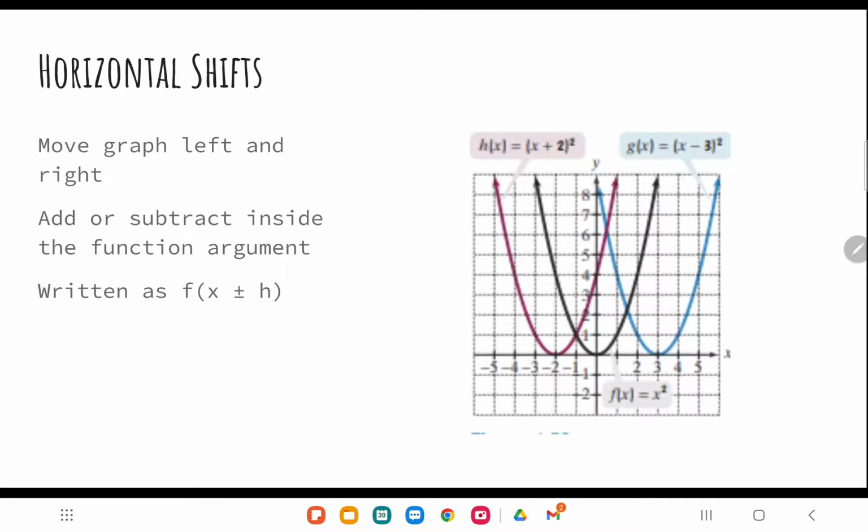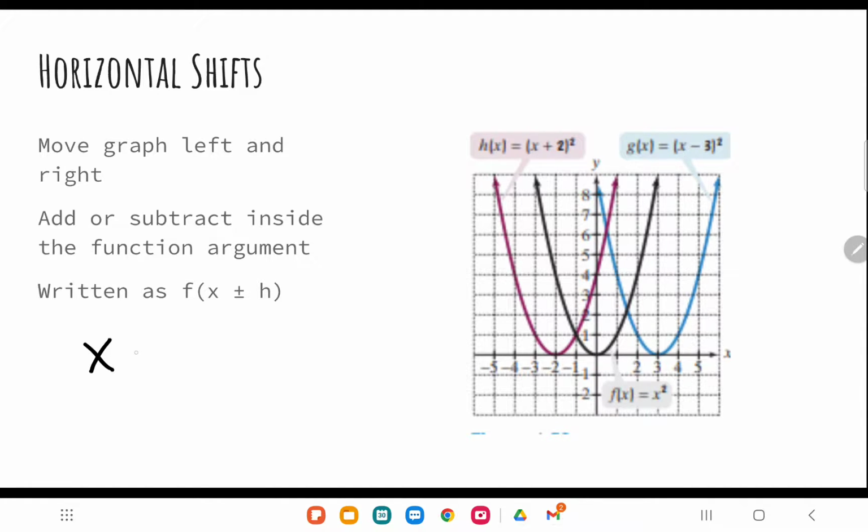Here we see an example of a standard quadratic function that has been translated both to the left and to the right. Please note that the g of x function translates to the right, even though it is -3.